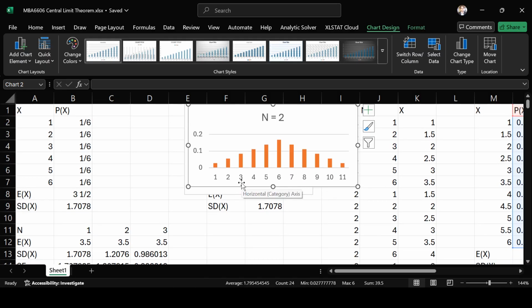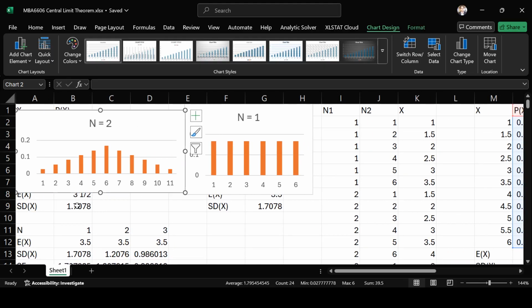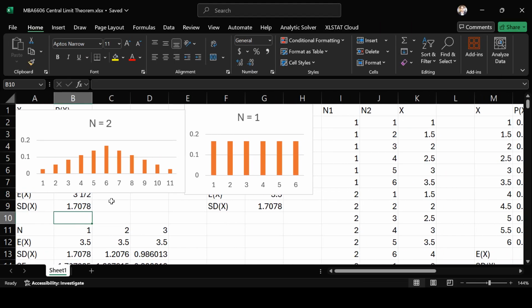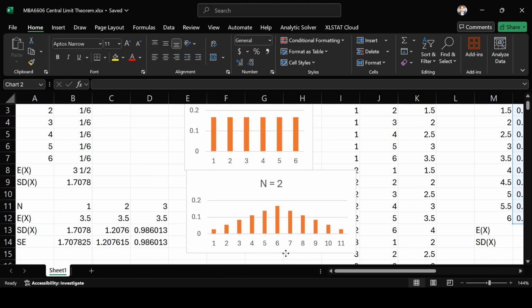Similarly, let's calculate it for the sample size of 3.